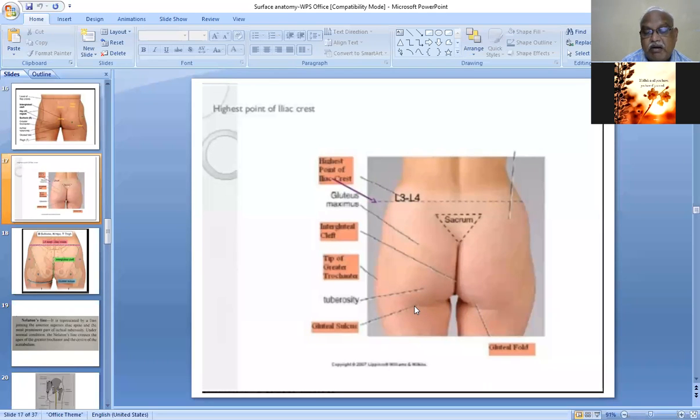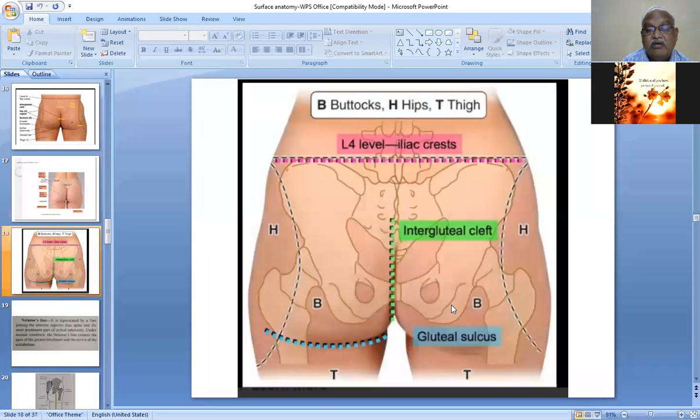This is the sulcus. This is the fold. So the iliac crest is at the fourth level. Intergluteal cleft, green color. You see this diagram. This is also a beautiful diagram.